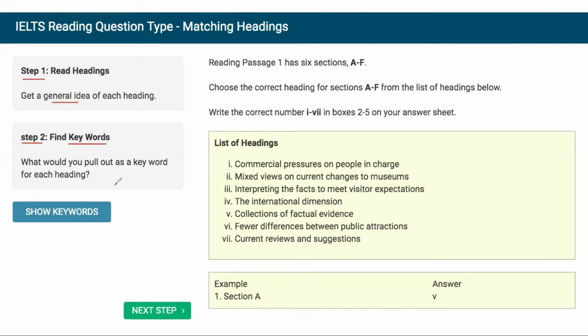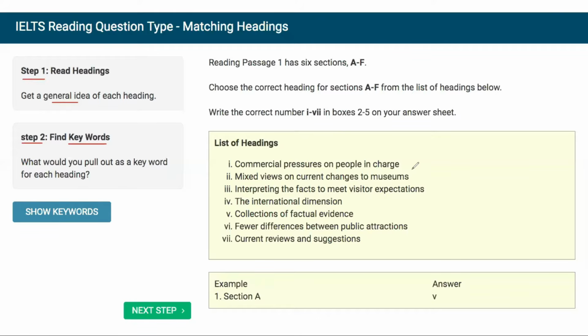And it'll give us a good idea of dates or places or people. And this is also very important because remember, the trick to this question type is understanding the difference between very similar headings.